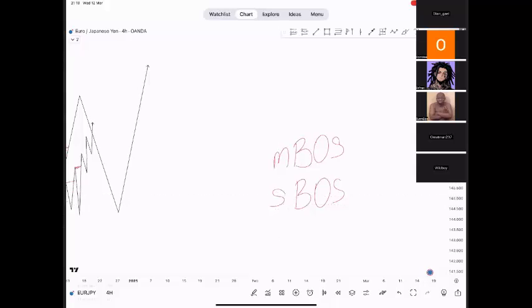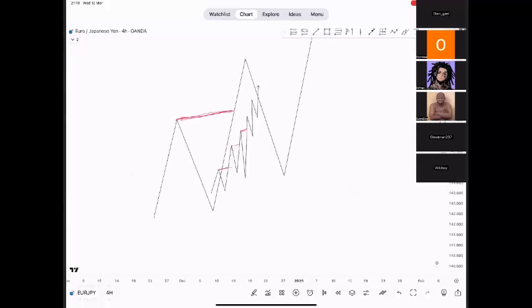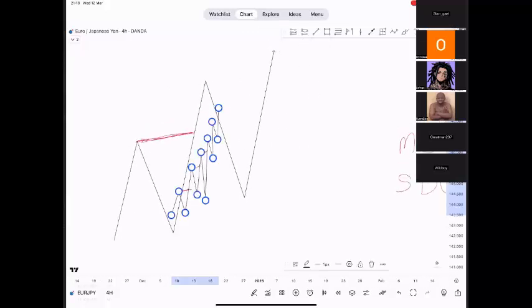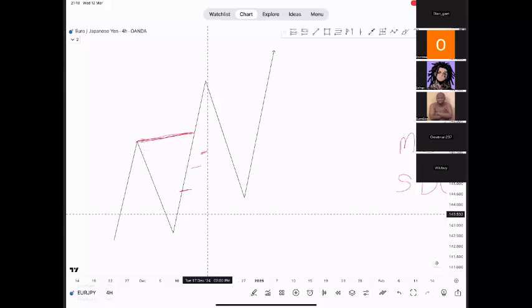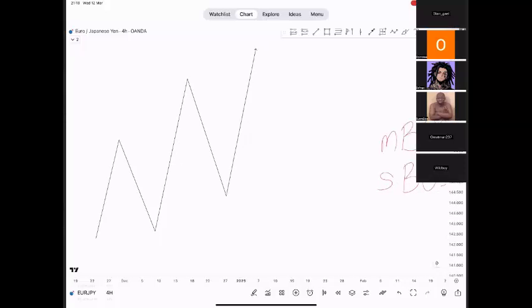Now it's very easy. Remember that in an uptrend, you are anticipating that the main move in an uptrend is the move to the upside. That is the expansion move to the upside is the main move in an uptrend. The move to the downside in an uptrend is called a retracement move. Now, any break of structure that you see internally in an expansion movement is called a minor break of structure.